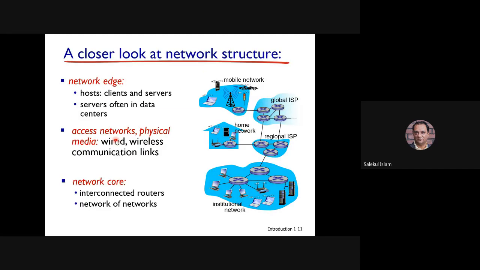If we take a closer look at the network structure, we can find that at the network edge we have hosts, which we were calling end systems. So at the network edge we have hosts, that is end systems. Sometimes they are clients and sometimes they are servers. Client and server have specific definitions, and we will come to this point later, what is a client and what is a server.